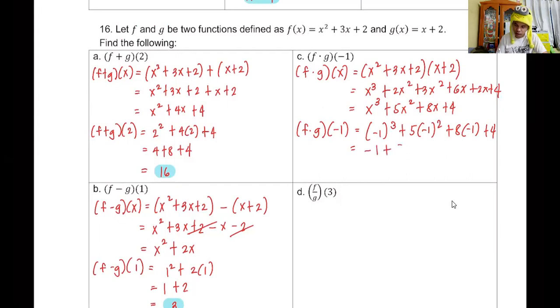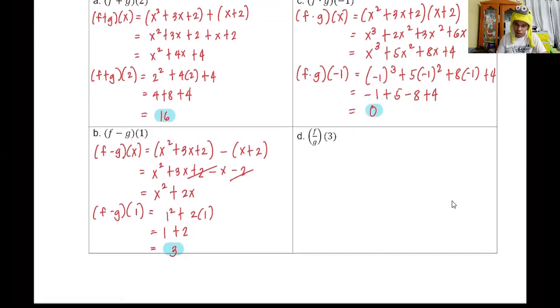So 1 times 5 is 5. Minus 8 plus 4. So do the operation. Minus 8 and minus 1 is minus 9. 5 plus 4 is 9. So the answer is 0.